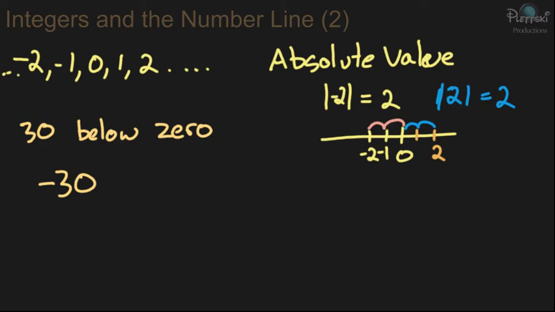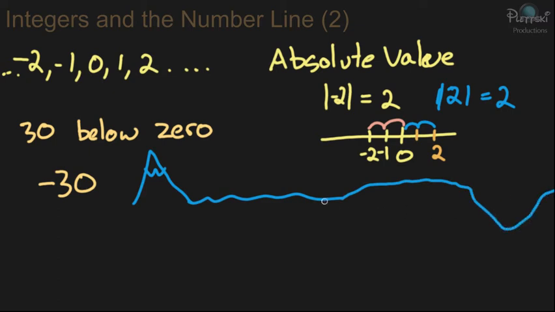Now, another real-world example could be altitude. You measure it compared to sea level. So you have the ocean, and you have mountains. Mountains would be above sea level. But then you could have land and then a valley that goes below sea level.